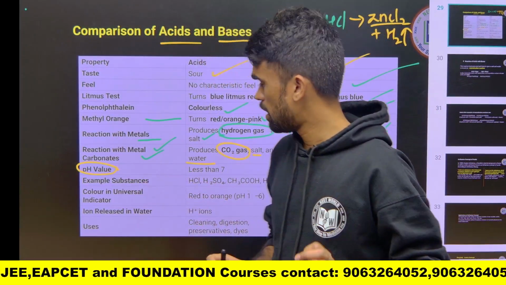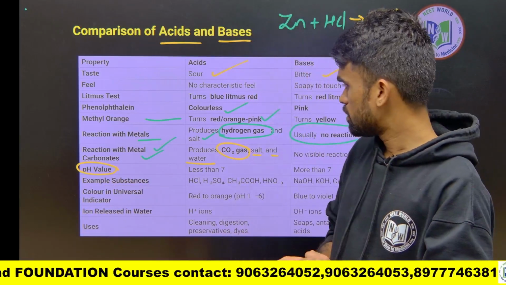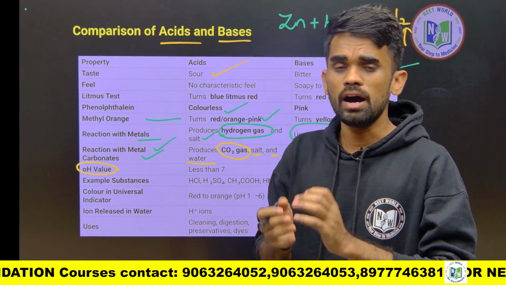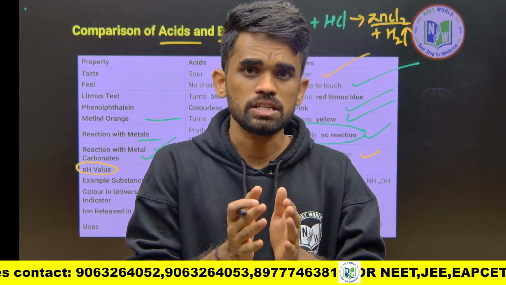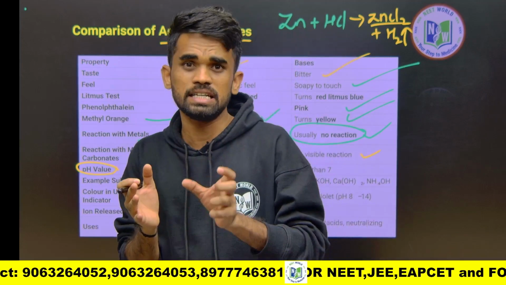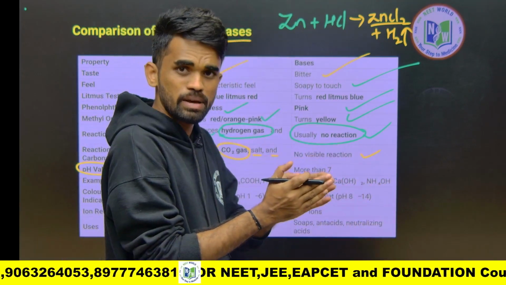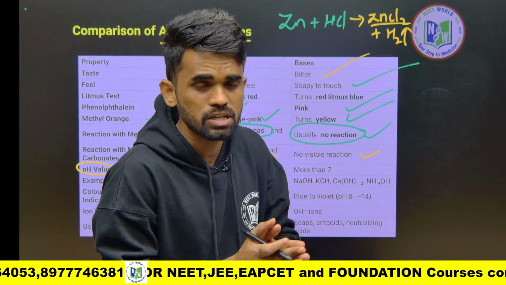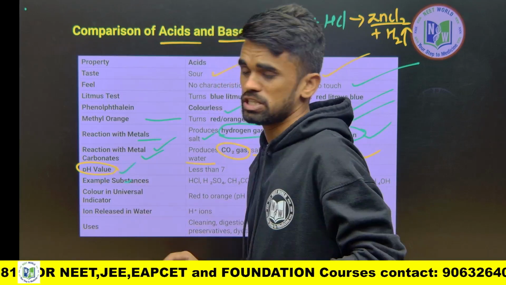So what is this pH? The pH scale is used to express the concentration of H plus ions, right? So how much strength an acid shows, whether the acid is weak or strong, we express using the pH value.